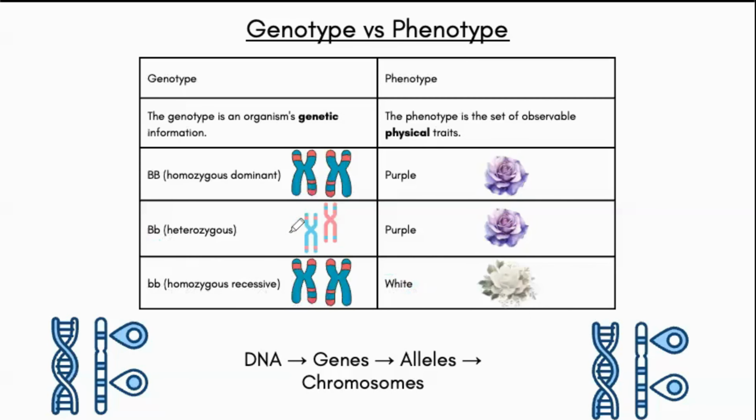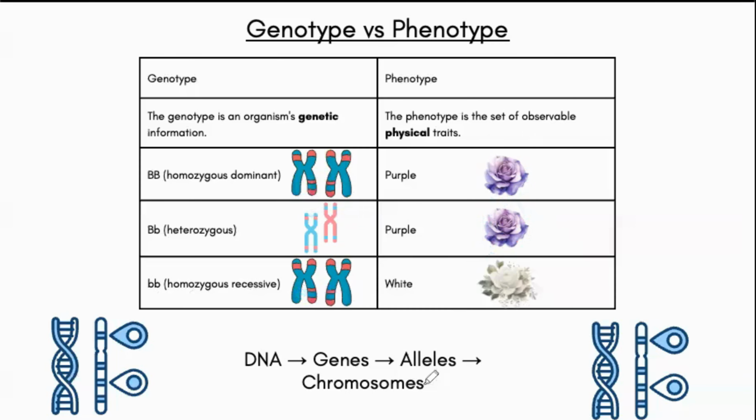So to recap, if we have the dominant feature, such as big B, regardless if it's heterozygous or homozygous, phenotypically, that big B will end up showing. So for this case, it shows up purple. If we have two little b's, the homozygous recessive traits end up coming through because they're not covered up by the big B in any way, shape, or form, and therefore defined as white.